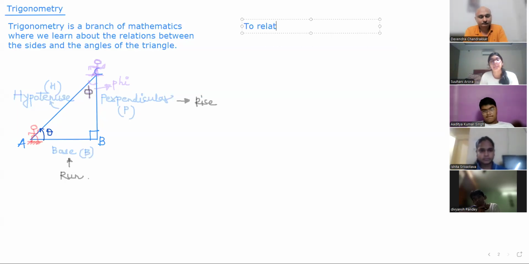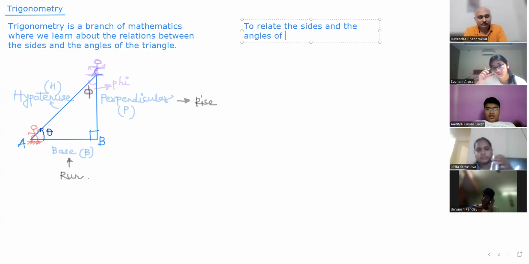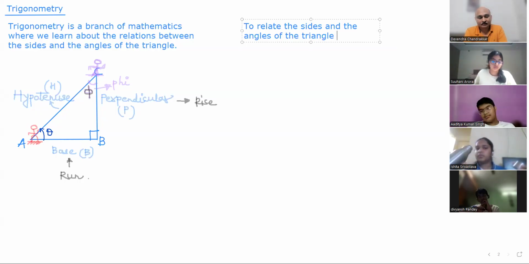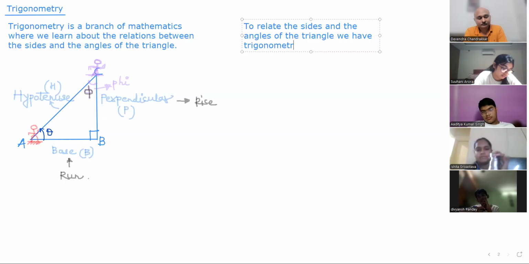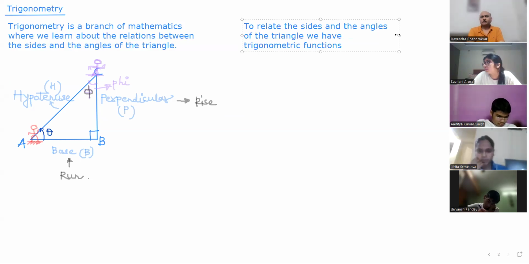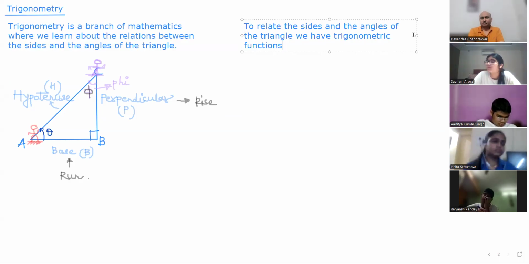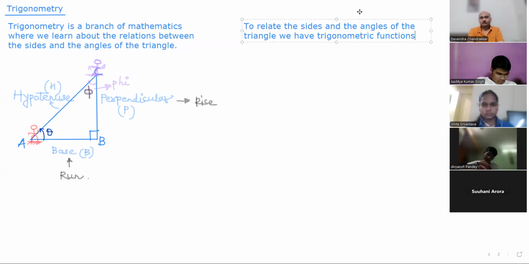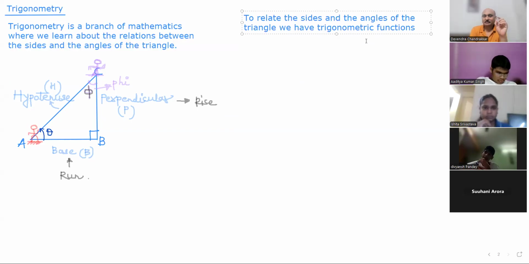To relate the sides and the angles of the triangle, we have trigonometric functions. We will learn more about functions when we start learning calculus. So to relate the sides and the angles of a triangle, we have trigonometric functions.